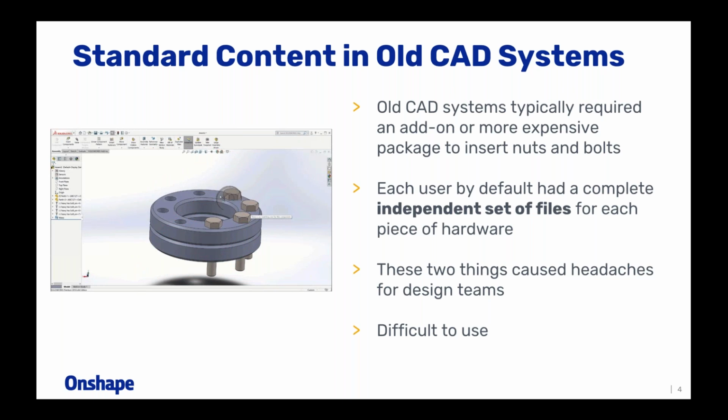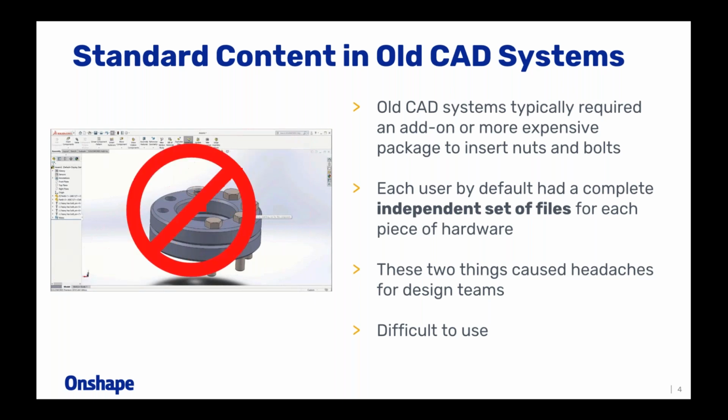When we look at the problems of old CAD systems, the file-based nature of it is a problem that's easy for us to solve. In Onshape, everyone uses the same parts, the same metadata, and there's nothing that you have to do to set that up or to manage that.